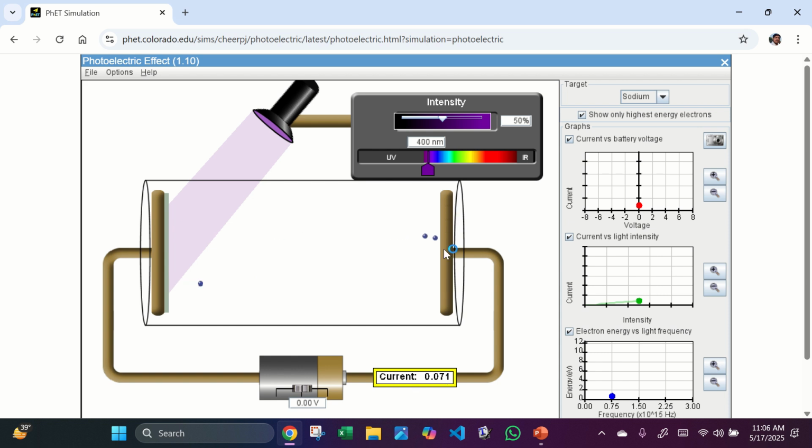Let's make the collector more positive so that it can attract a greater number of electrons. When we make the collector more positive, we observe that the speed of these electrons is more. Whereas there is no change in the photo current. 0.071 is fixed.